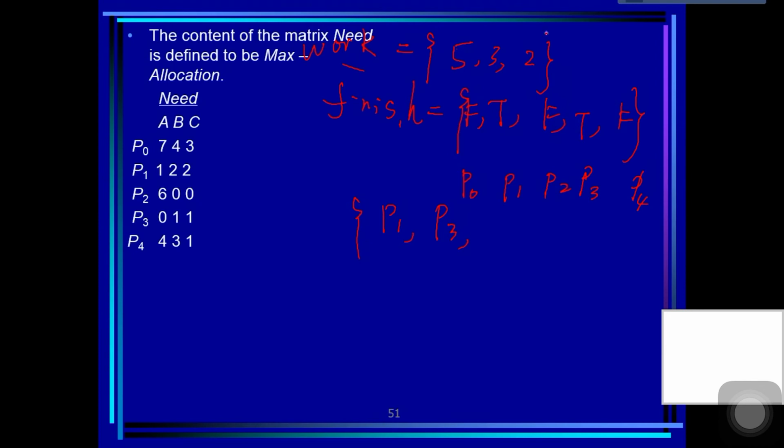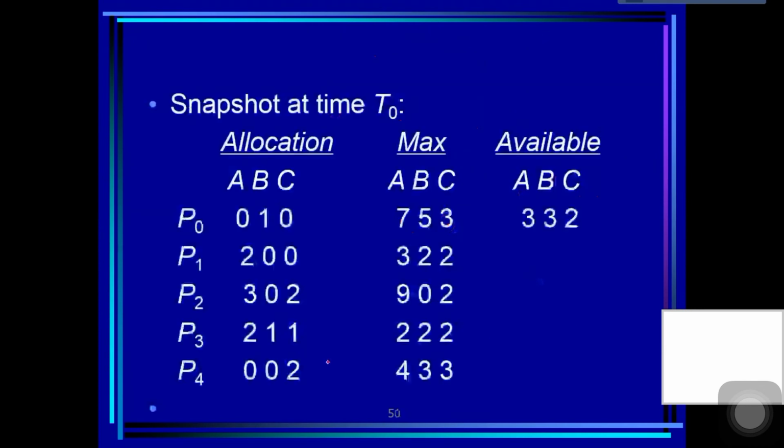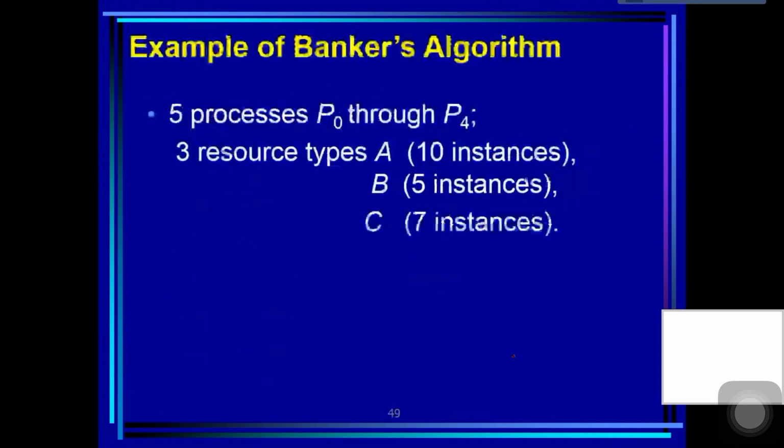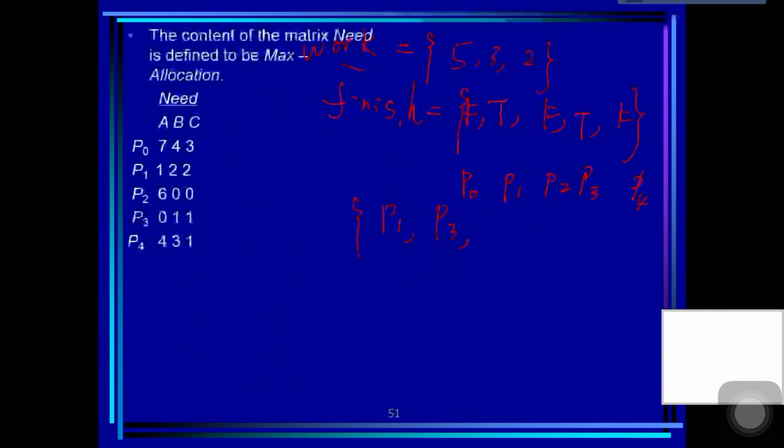And after, we can see when P3 finish, it will return its allocated resource to the system. Its allocated is 211, so we get 211. So we will get 743.